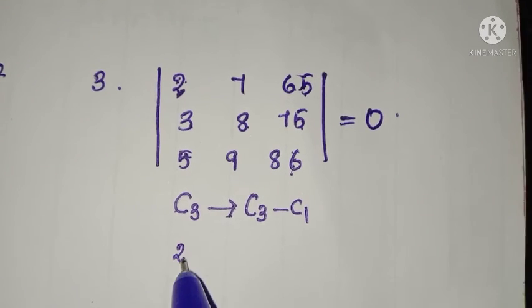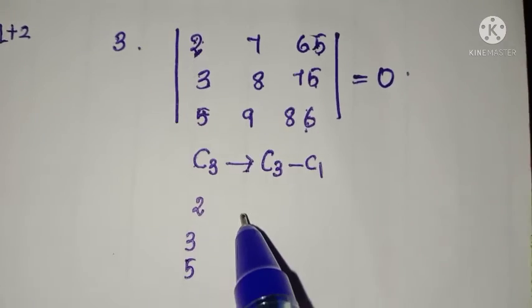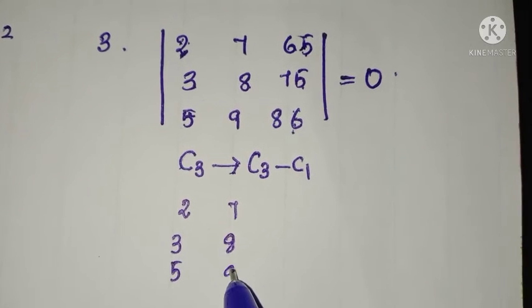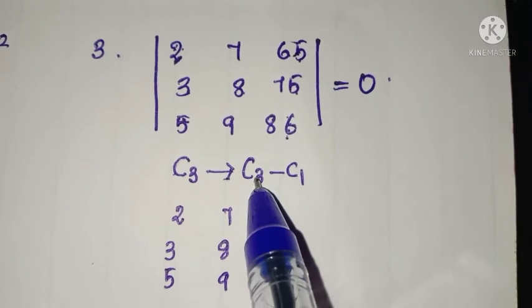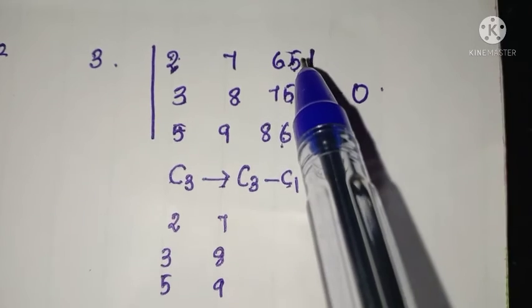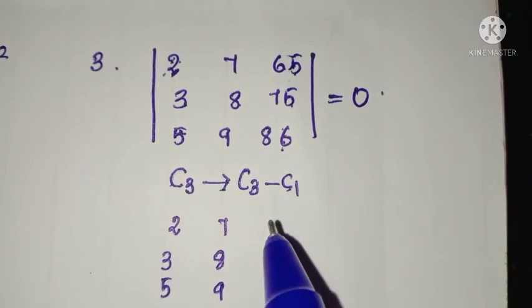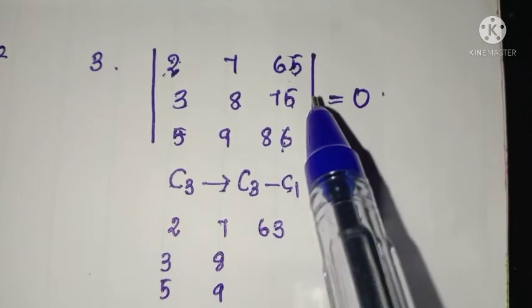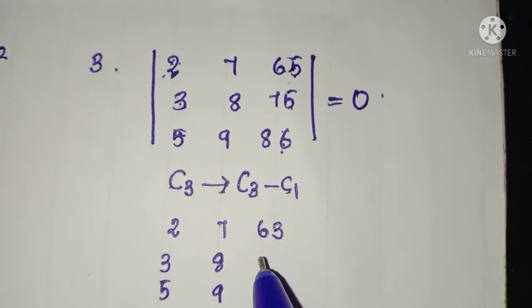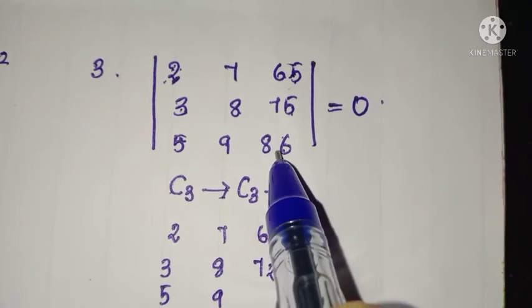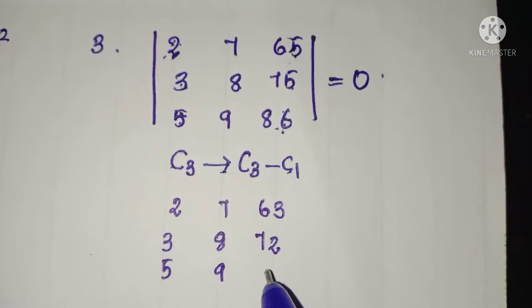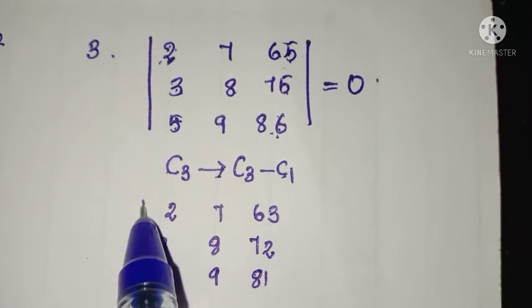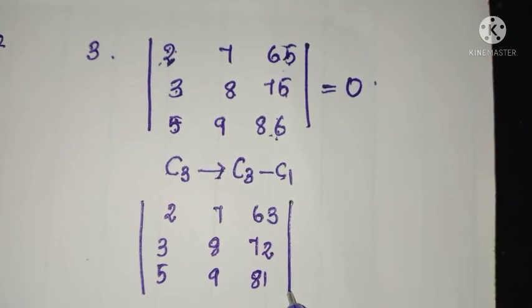There is no change in the first and second columns, but C3 is changed to C3 minus C1. That is 65 minus 2, 63; 75 minus 3, 72; 86 minus 5, 81. This is the new determinant.